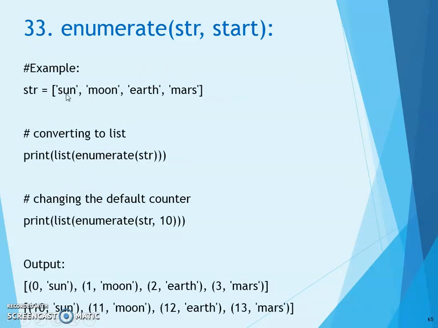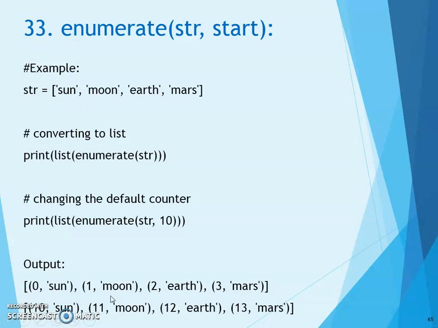So in this example, 4 words are given: Sun, Moon, Earth and Mars. We are converting this into a list by using the enumerate method. When we pass this str to the enumerate function and list it, it gives output in this format where the index is given along with each word we have mentioned.